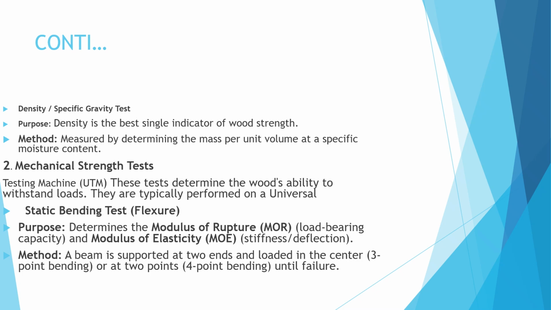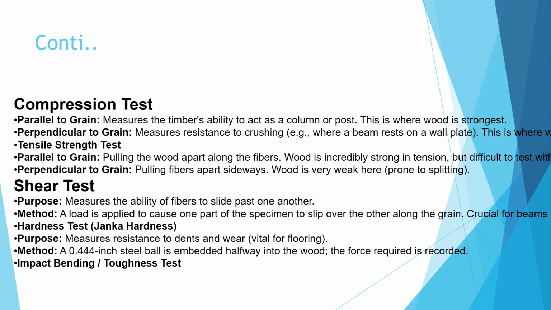The purpose of the bending test is to determine the modulus of rupture, the MOR, which is the load bearing capacity, and the modulus of elasticity, MOE, the stiffness or deflection. The method you're going to use is a beam supported at two ends and loaded in the center, 3-point bending, or loaded at two points, 4-point bending, until failure.